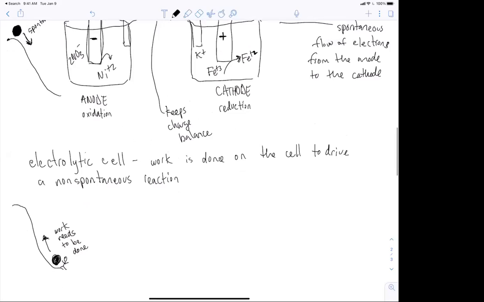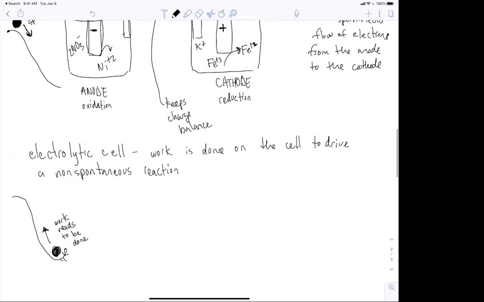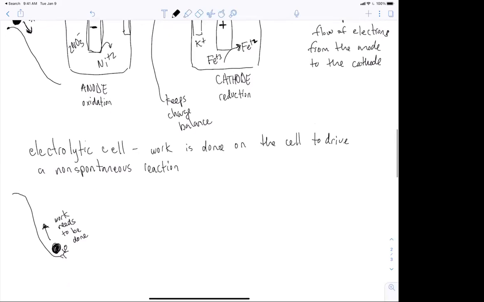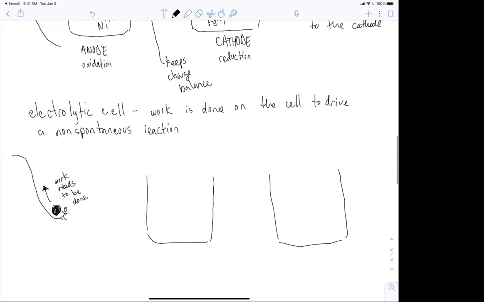In terms of conventions, it gets a little bit more confusing for these. You still write it out as the anode and the cathode. The anode's on the left-hand side and the cathode's on the right-hand side. That's always true. But you label the terminals differently.